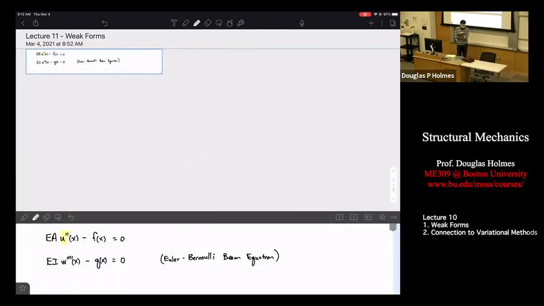This one has two derivatives of u with respect to x. This one has four derivatives of w with respect to x, second order and fourth order respectively, which means you need two boundary conditions on u and four boundary conditions on w. If you have all of those, then you have a complete system that you can solve.